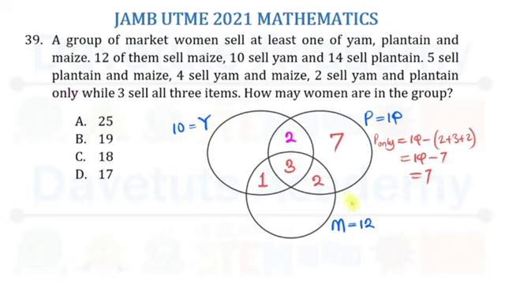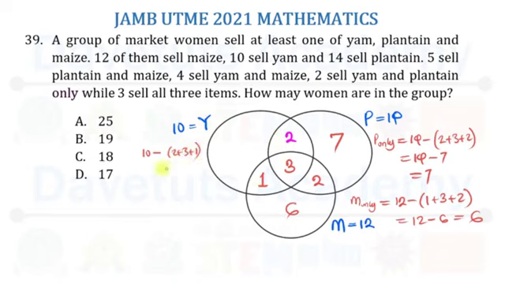So maize only will be 12 minus the sum of these 3 that we have, 1 plus 3 plus 2. That will be 12 minus 6, which is 6. So this is 6. And the same thing will apply to yam. For yam only, it will be 10 minus 2 plus 3 plus 1. That will be 10 minus 6, and that will be 4.